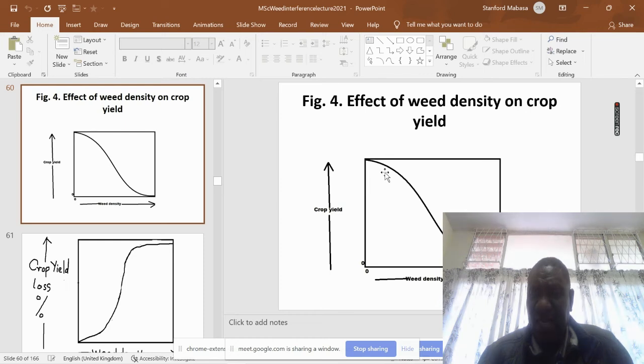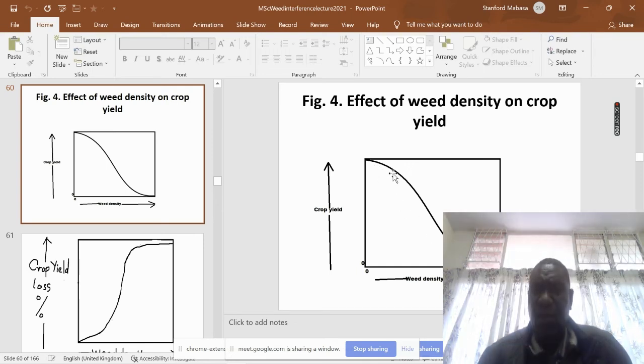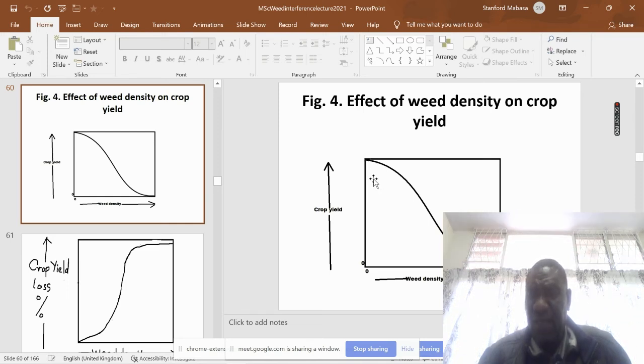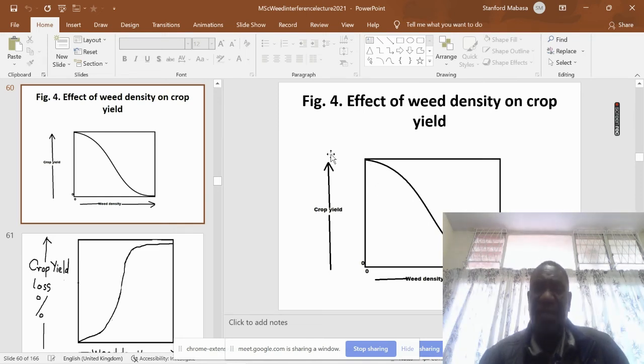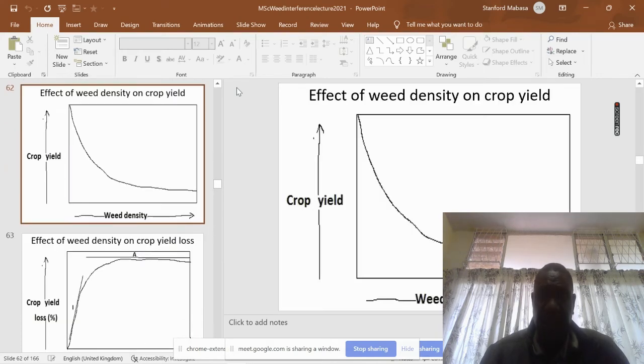This one is saying that there's a delay in loss according to Zimdal. It's a delay, you don't get a sharp decrease. So if it was according to Cousins, we will have a very sharp decrease. So there are two different approaches. So as long as there are weeds, they should be removed according to this graph.